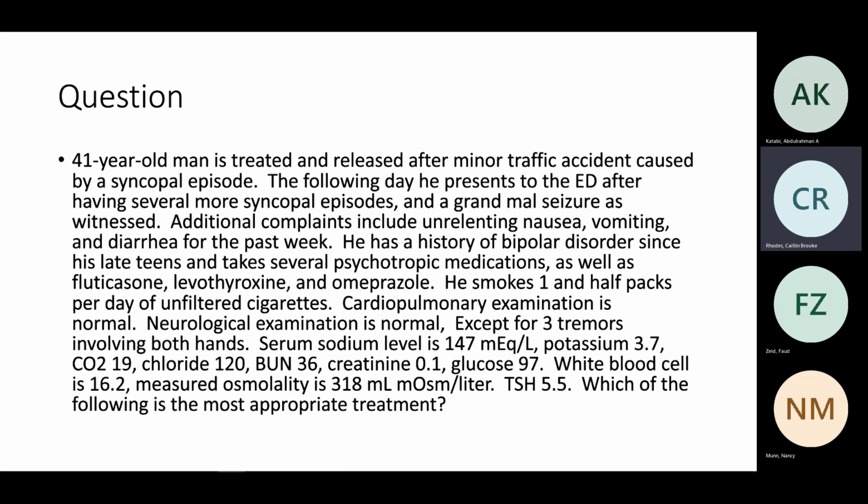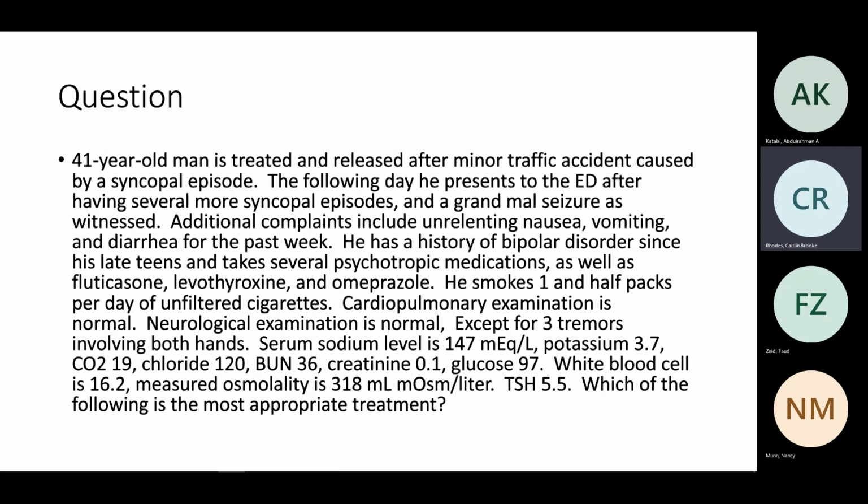Who's next? I'm going to read this question. A 41-year-old man is treated and released after a minor traffic accident caused by a syncopal episode. The following day, he presents to the ED after having more syncopal episodes and a witnessed grand mal seizure. Additional complaints include unrelenting nausea, vomiting, and diarrhea for the past week. He has a history of bipolar disorder since his late teens and takes psychotropic medications as well as fluticasone, levothyroxine, and omeprazole.